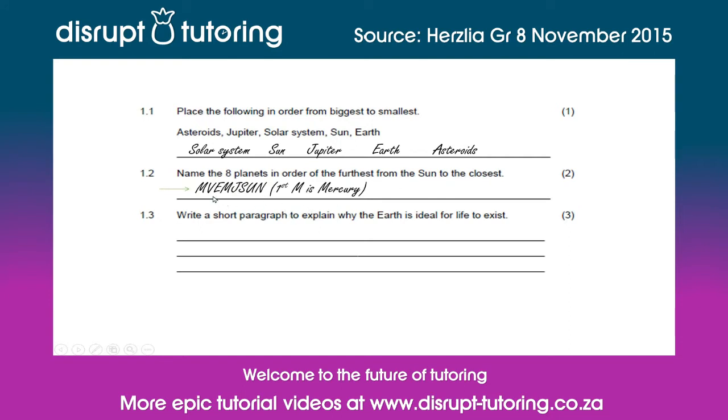And this is an easy mnemonic that you can use to remember: My Very Earnest Mother Just Served Us Noodles, and the first M is for Mercury. Another way you can try and remember is that Mars and Mother, to help you remember the position of Mars, then that will help you remember that the first M is for Mercury.